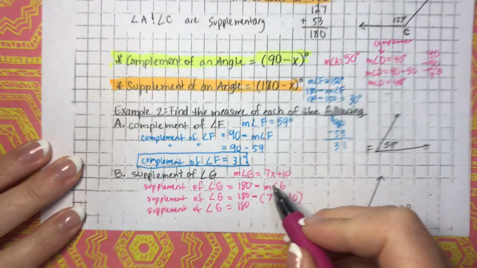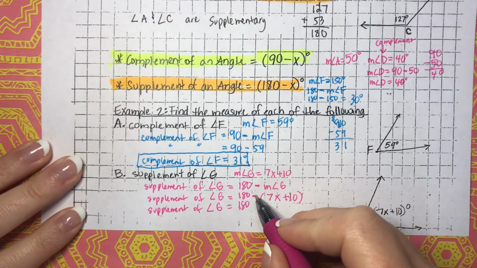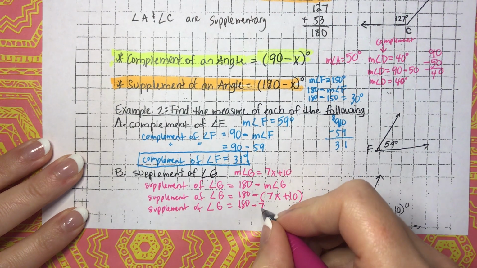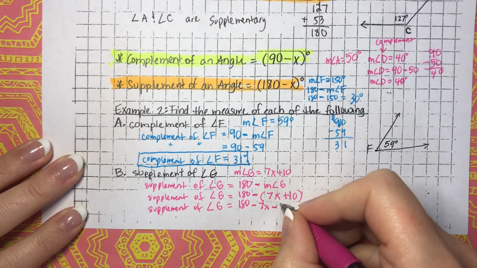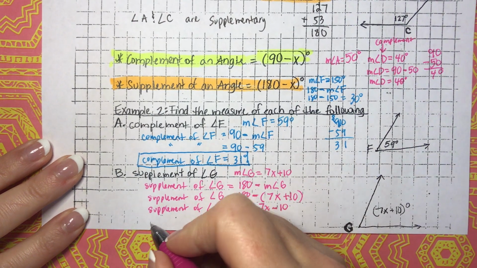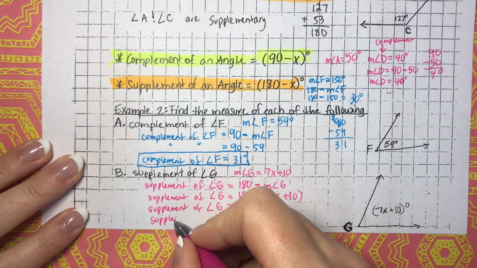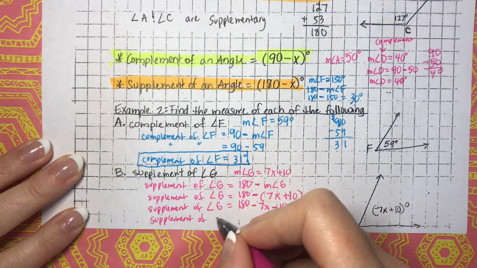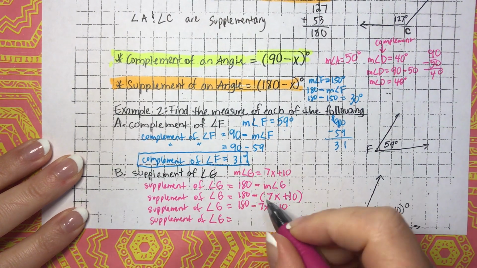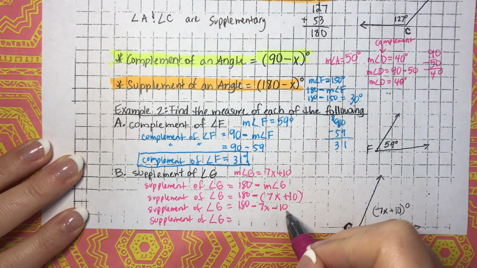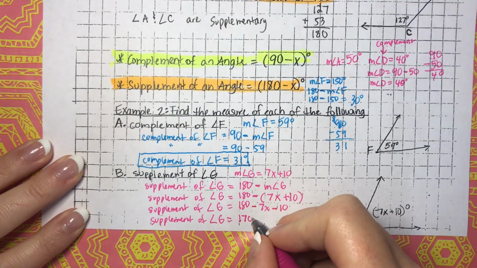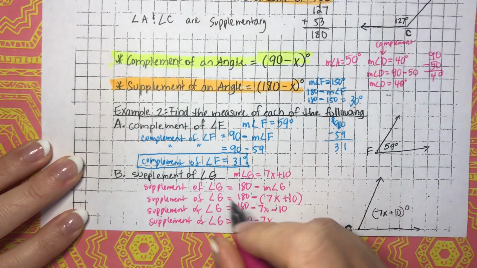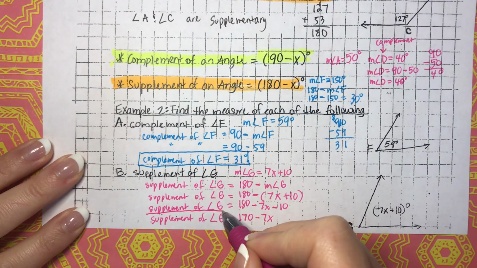That negative's outside, so we have to distribute it to both things. So negative times 7x is negative 7x. A negative times a positive 10 is a negative 10. And then we just simplify. So the supplement of angle G is equal to, let's simplify those numbers, 180 minus 10 is 170 minus 7x. And that's what the supplement of angle G is.